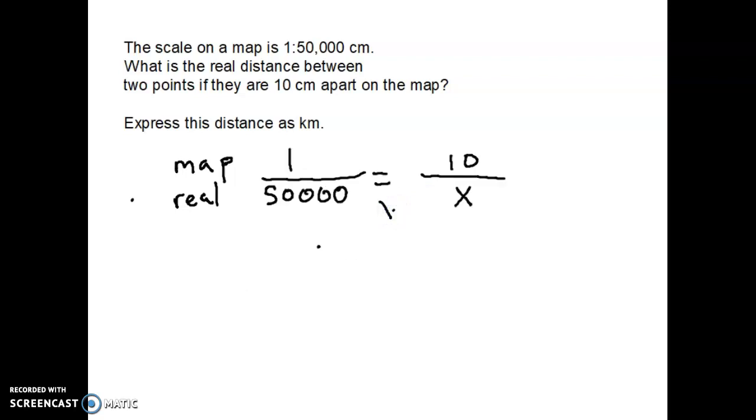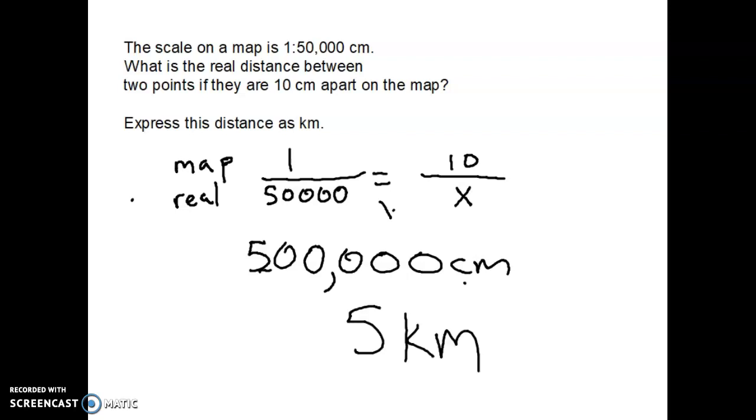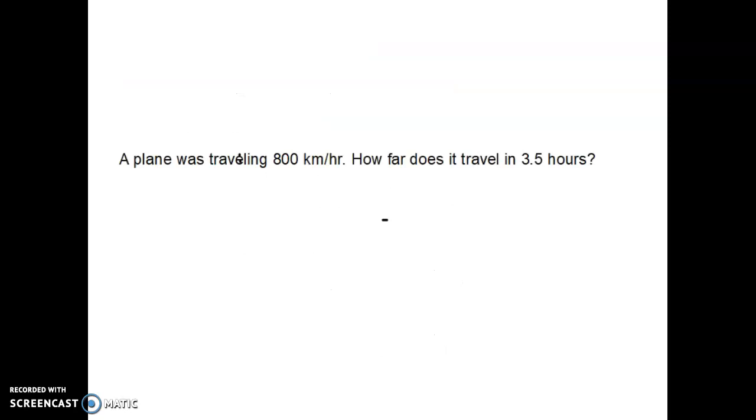I made an error which I just fixed, but the map to real life is set up this way. Multiply and you get 500,000 centimeters. Now we have to express this distance as kilometers. Well, there are 100,000 centimeters in a kilometer, so the answer is going to be 5. There it is.